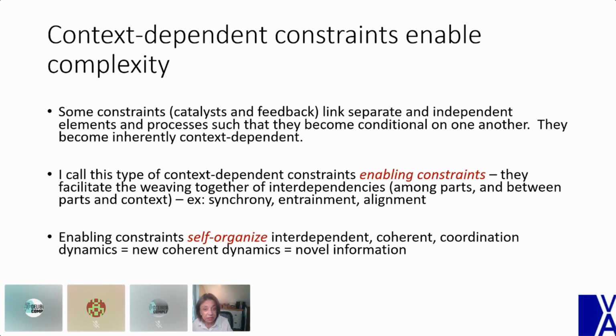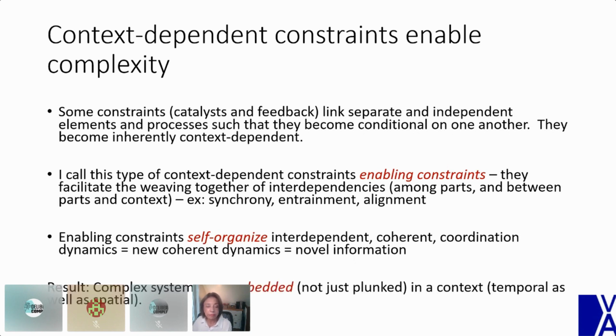So enabling constraints generate self-organized, interdependent, coherent coordination dynamics. And this coherence, I believe, generates novel information. And that, I think, is the difference between complexity and complicatedness.